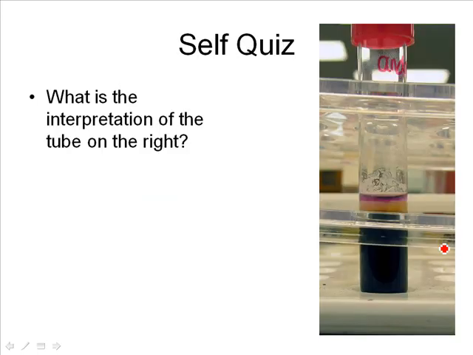Now, let's test ourselves. These are very nice tubes or pictures we've taken in the laboratory. What is the interpretation of the organism in the tube on the right? That's right. There are actually two results I can see in this tube.